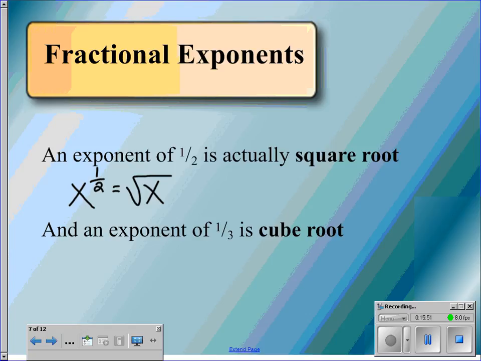So anytime we have a root without anything on it, we assume that it's a 2. Okay, so it's just a different way to write it. And then an exponent of 1/3 is a cube root. So x to the 1/3 power equals the cube root of x.